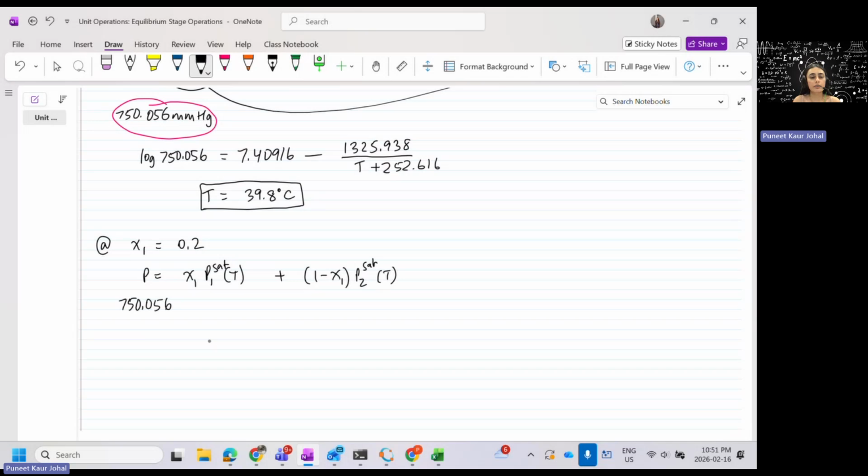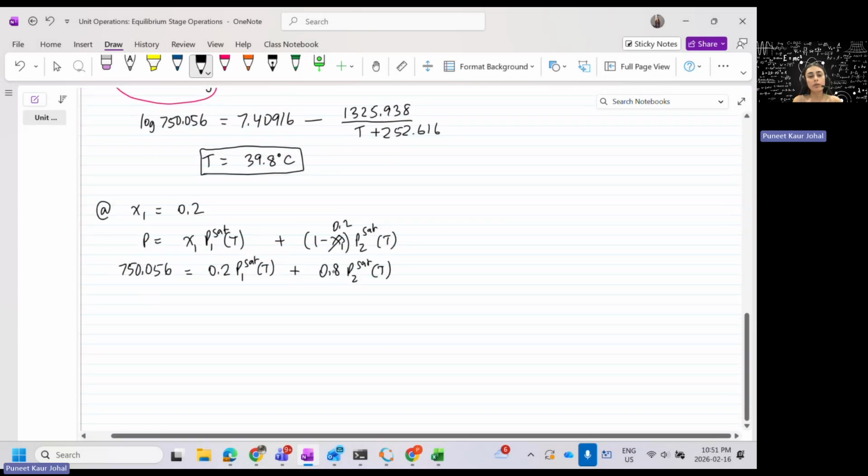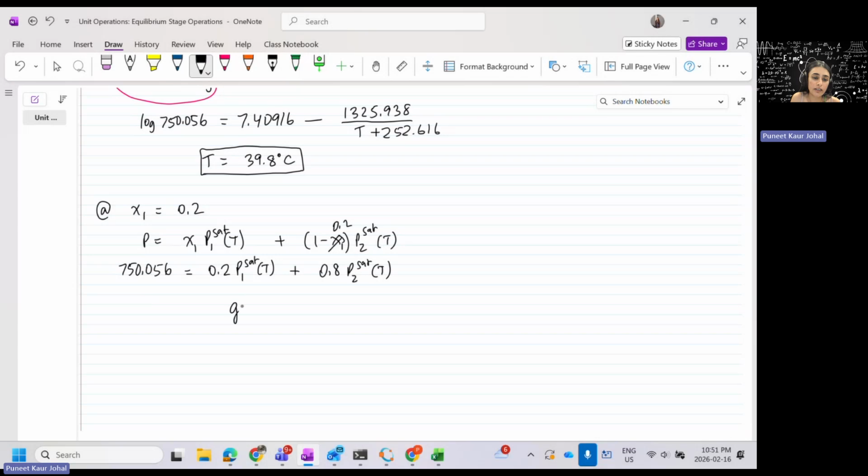That's going to stay constant throughout these runs. However, now we're facing this problem where x1 is 0.2, so x2 will be 0.8. We have one equation and two unknowns. So one thing we can do is just try guess and check.